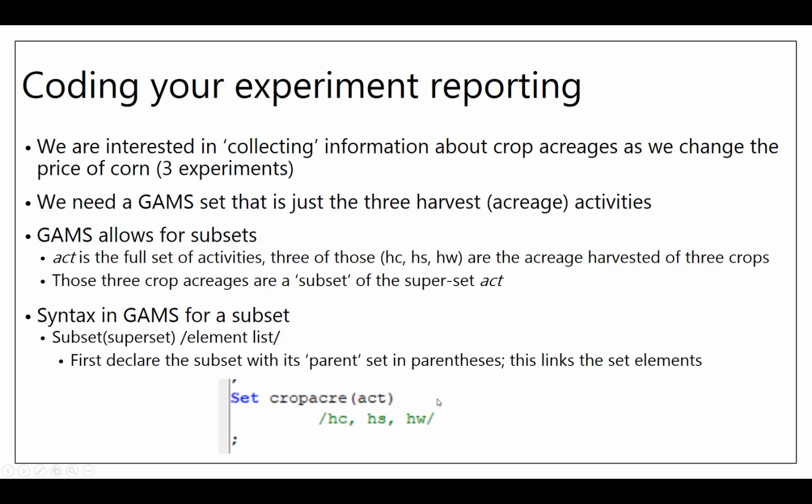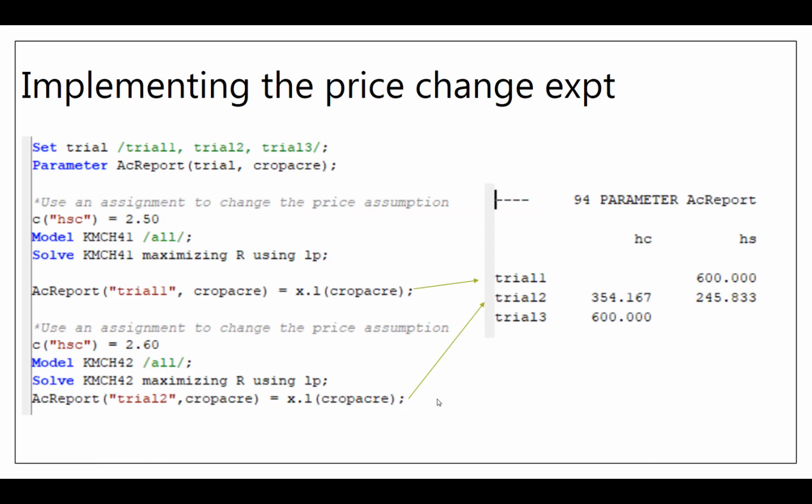Okay, so we define that as a subset, and then what I'm going to do is make a new sort of junk set, just for this. So trial 1 versus trial 2 versus trial 3, I'll just set that up as a new set that says this is experiment 1, experiment 2, experiment 3.